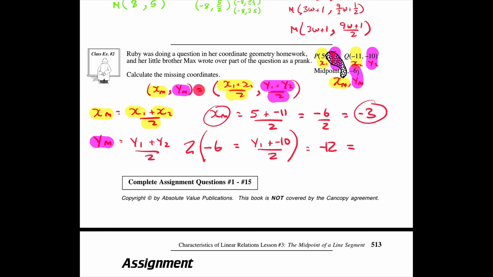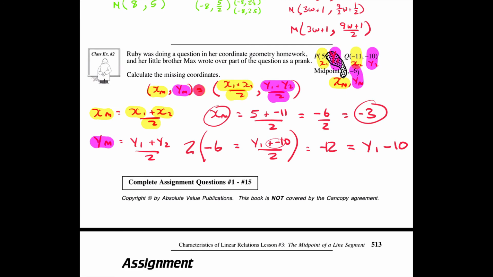On the right side I've got y1 minus 10 over 2, and when I multiply that by 2, we're just canceling out the denominator, because 2 divided by 2 is 1, which doesn't change anything. So we're left with y1 minus 10, because plus negative simplifies to a minus 10.